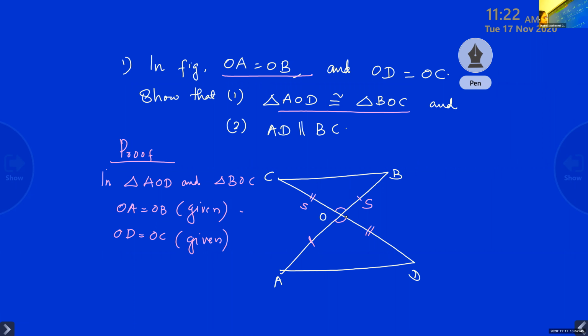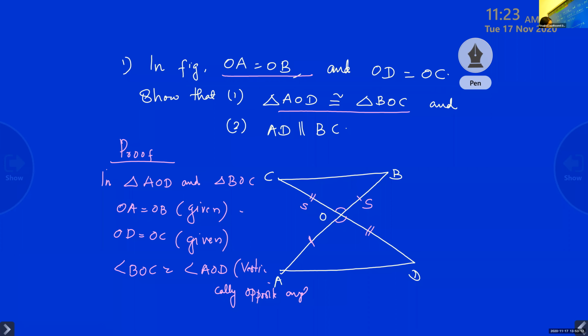And these two angles are equal. The angle names are angle BOC and angle AOD. Angle BOC equal to angle AOD. And the reason, we found from the figure, is vertically opposite angles.